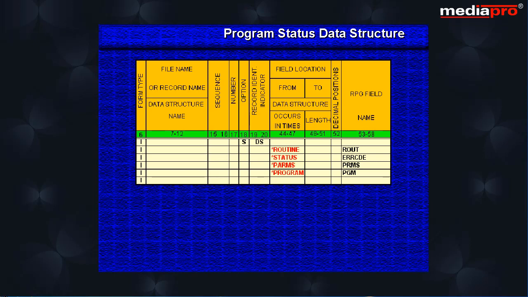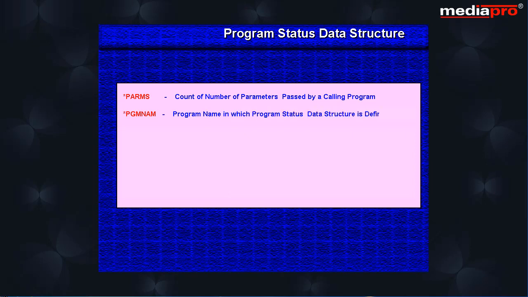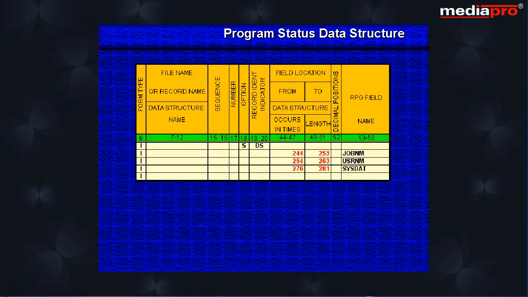*PARMS contains a count of the number of parameters passed to this program by a calling program. *PGMNAM contains the name of the program in which this program status data structure is defined. *ROUTINE and *STATUS are the same as in the case of the file information data structure.